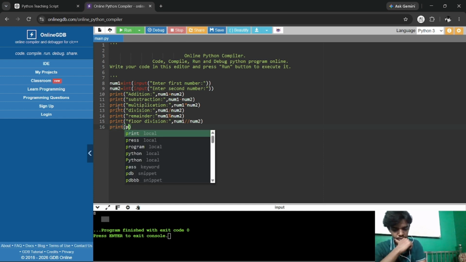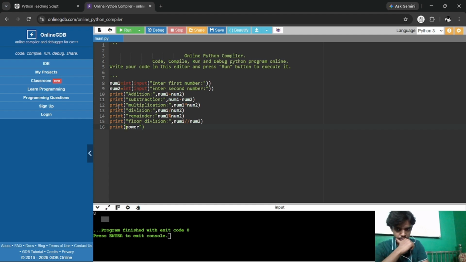Next we have the exponential, which we also know as the power. Lastly, this is the last operator: num1 double multiplication num2.